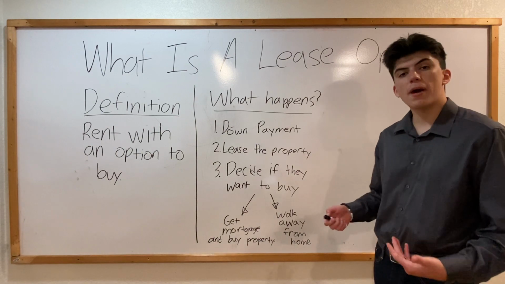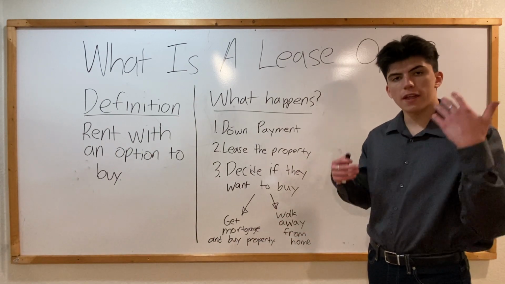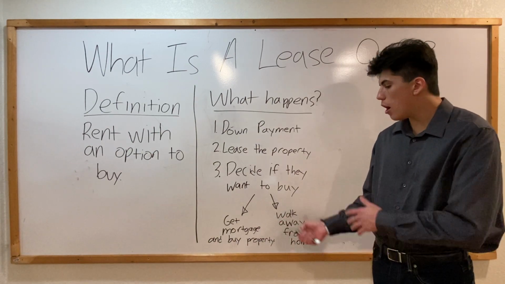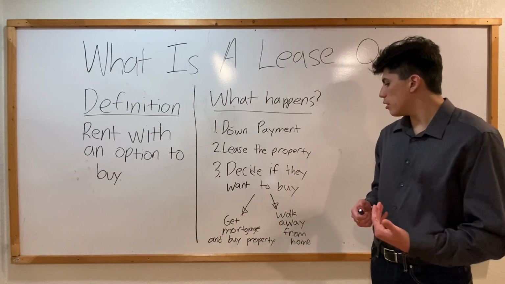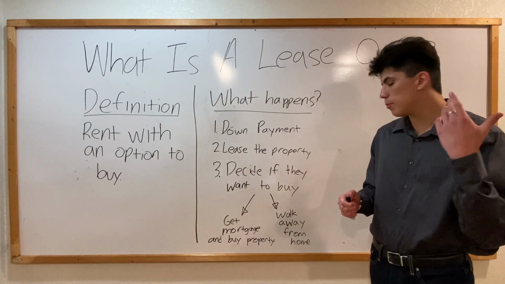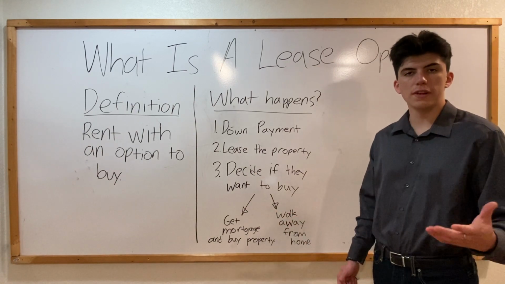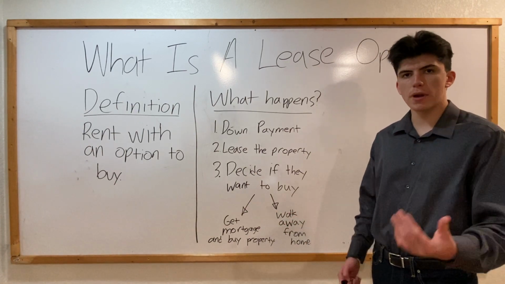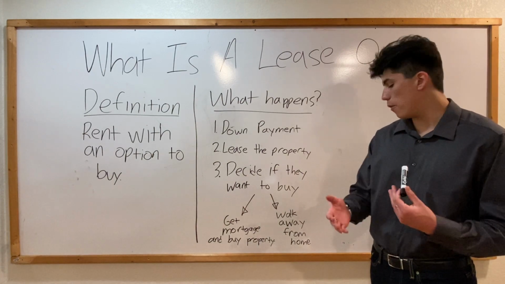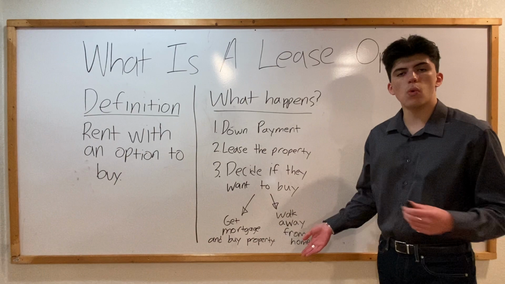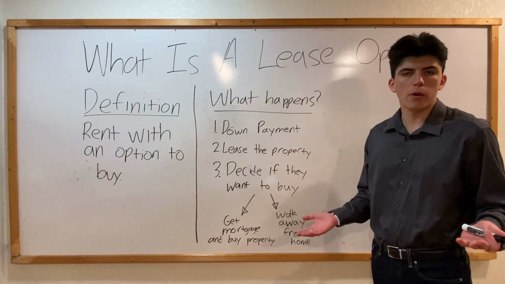And if they decide to buy it, they get a mortgage and they buy the property off the seller for a purchase price that I haven't covered yet, but they'll buy it for the purchase price. I'll cover that in a different video, how the purchase price is determined in a lease option. Or if they do not buy the home, they simply just walk away as if they rented the home.